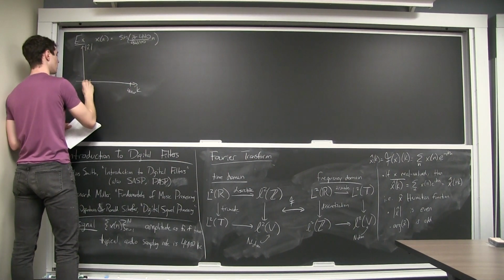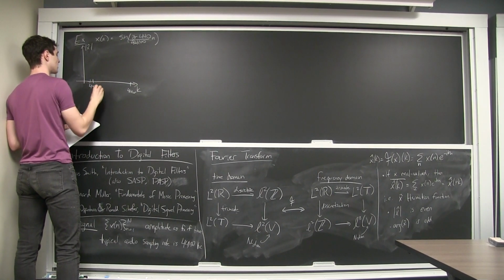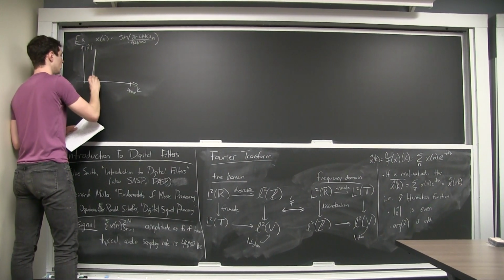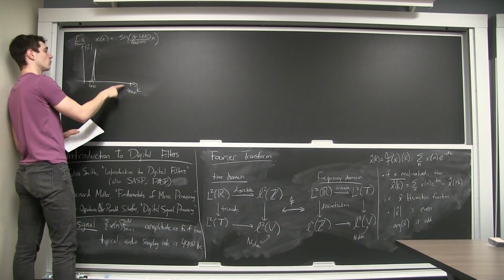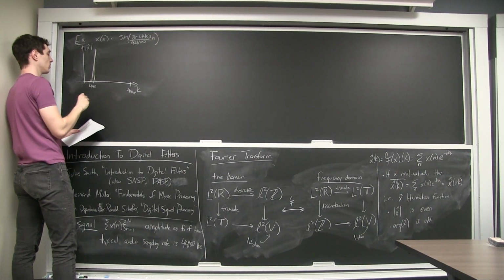What we see, and this is a kind of cartoonish representation of the axes here, we get a spike at 440 because our Fourier transform should just be the delta function at that Fourier mode.